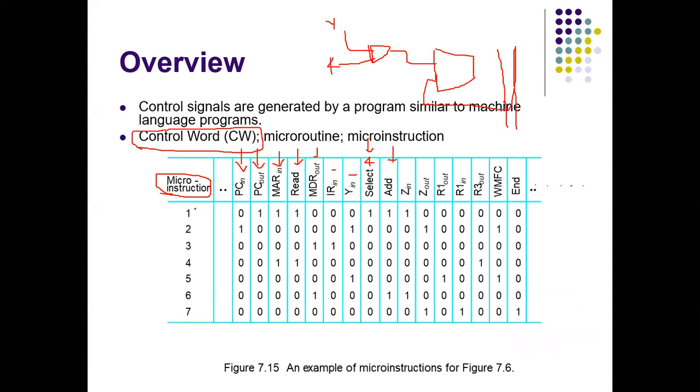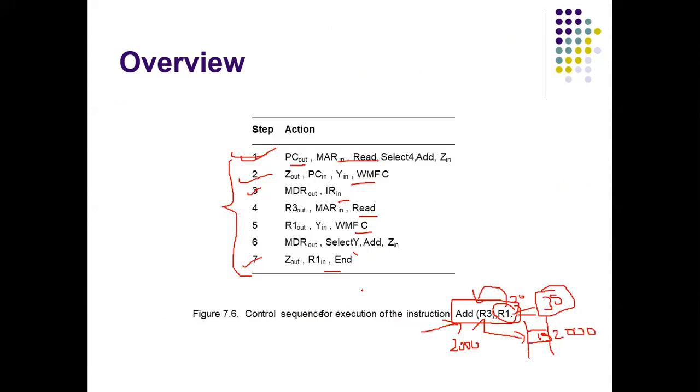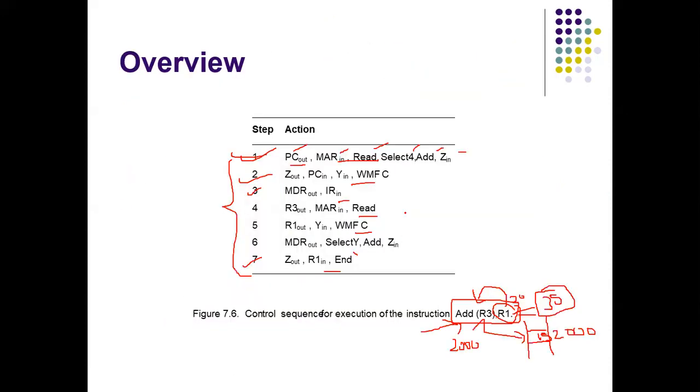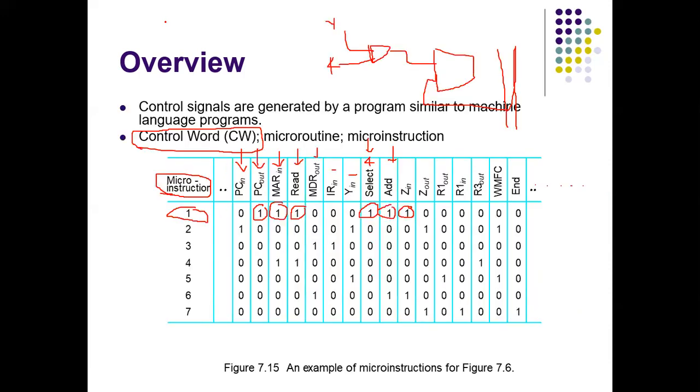Now you see this is step 1. At step 1, which instructions should be executed? PC out, MAR in, read, select 4, add, Z in. Only those are enabled: PC out, MAR in, read, select 4, add, and Z in. Whatever is required at step 1, all of those are enabled.